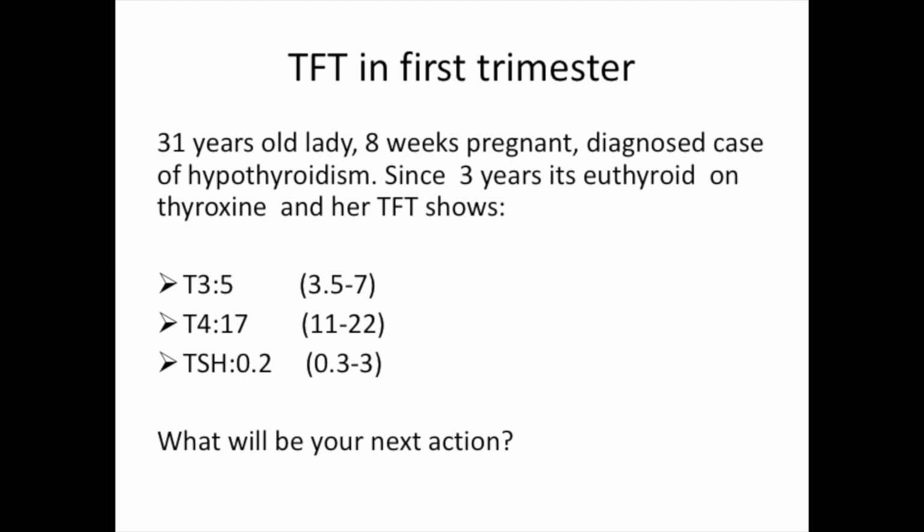And as we remember, this is a normal TSH level in the first trimester. So you came to know that she is pregnant now, and she is taking a specific thyroxine dose. What will you do, what's your next action plan? It is to increase her thyroxine dose by 25 to 30%.